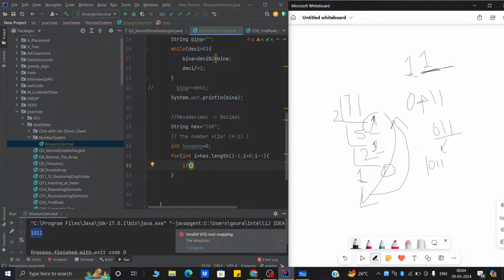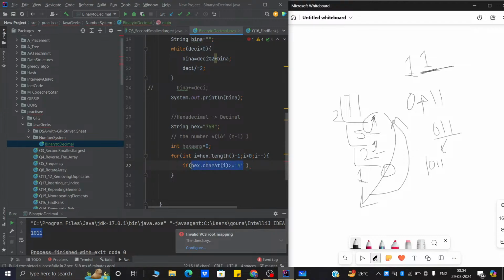If hex dot charAt i is greater than 9, let's take a proper value.